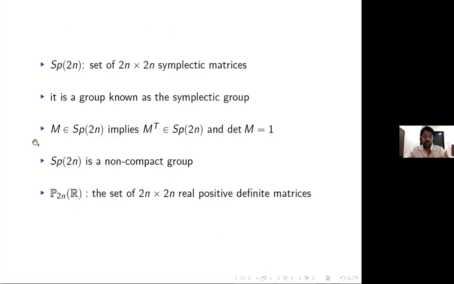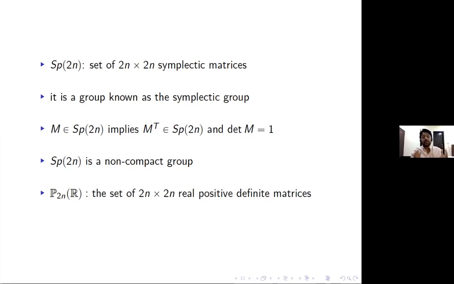Just as the set of orthogonal matrices form a group under multiplication known as the orthogonal group, the set of 2n cross 2n symplectic matrices also form a group under multiplication. This is known as the symplectic group, and we denote this group by Sp2n. Just like the orthogonal group, the symplectic group has some similar properties, such as if M is a symplectic matrix, then its transpose is also a symplectic matrix, and determinants of all symplectic matrices are equal to 1.